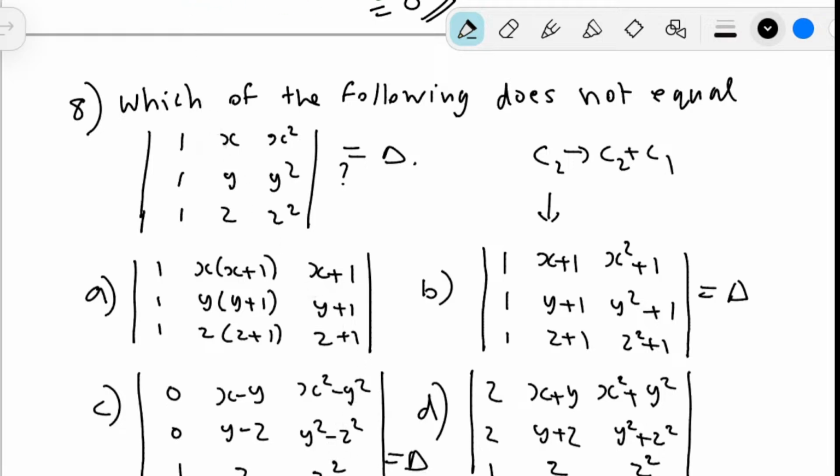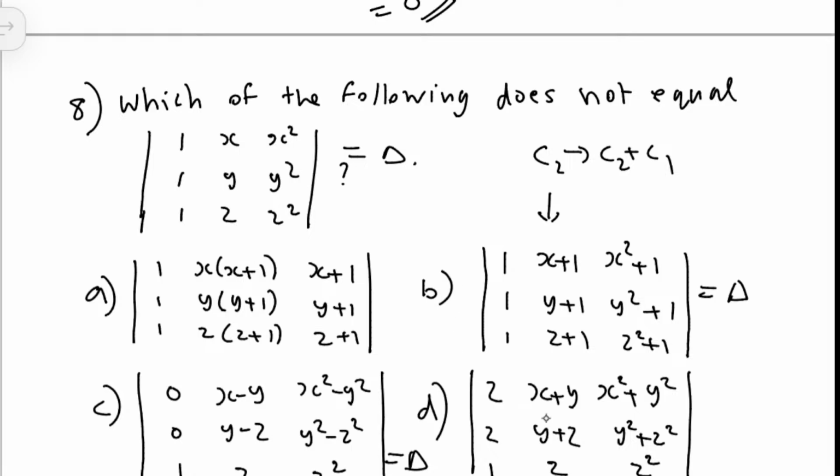Now let's look at option D. Here I can see 2. Here x plus y. So this x and y added and we got x plus y. So in option D, R1 is nothing but R1 plus R2.